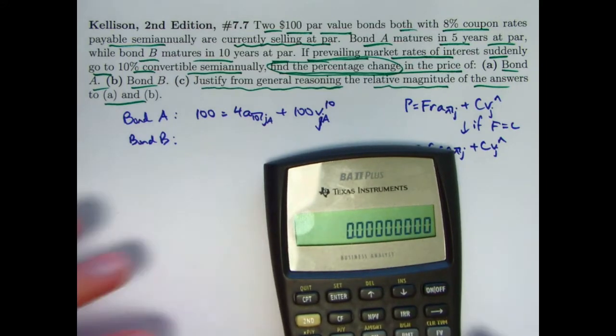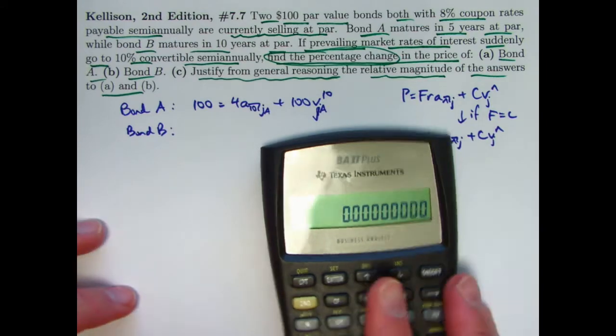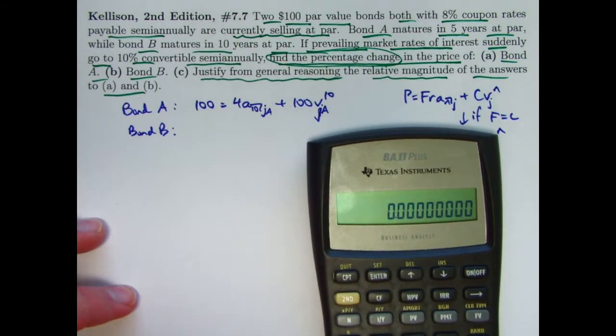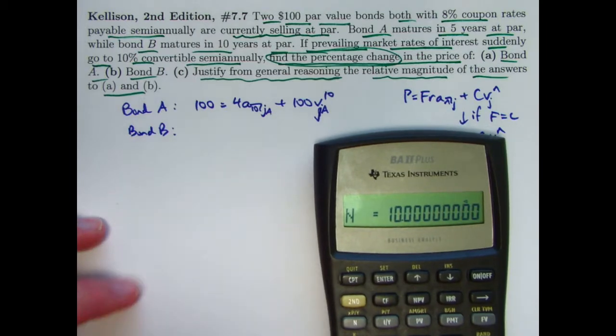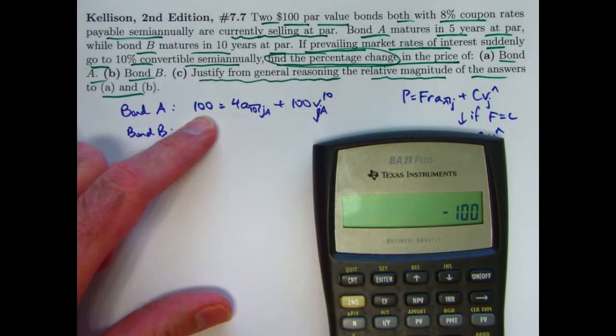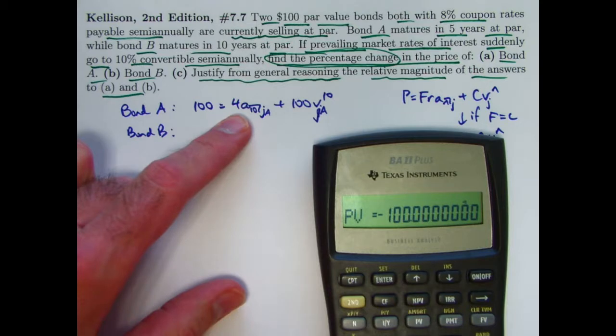So you might then go to your calculator and see if you can use the financial functions to solve for that unknown yield rate. The number of periods here is 10. That goes into N. The present value, which you think of as what you pay out, you think of as negative 100, goes into PV. The coupons are 4. Those are coming back to you. That goes into PMT.